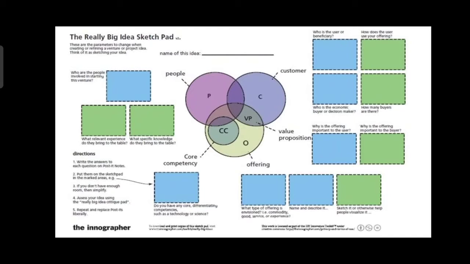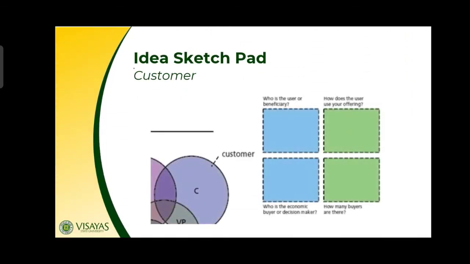So let's first discuss the contents or components of this map. First is the customer. So you will define your customer. First, the entrepreneur must assess who the customers are by answering basic questions about the potential users of your products or services, or the potential buyers if they are different from users.